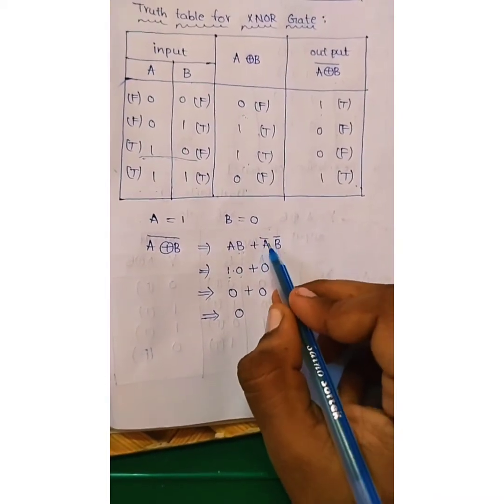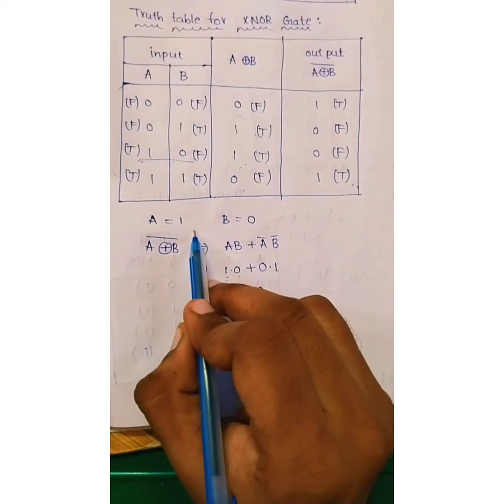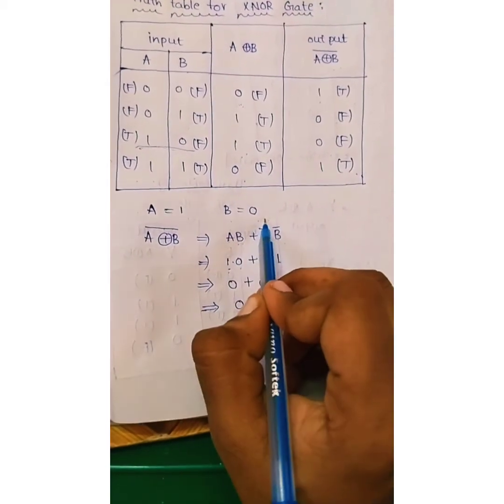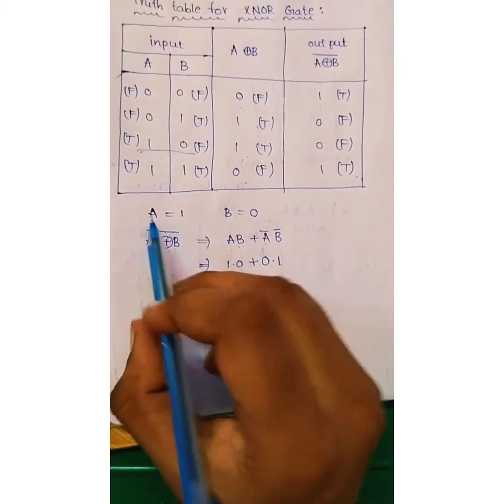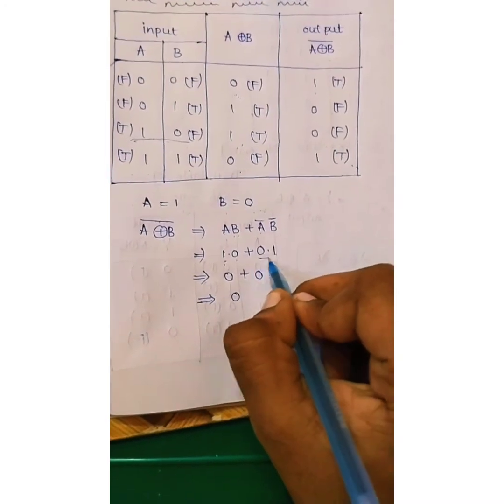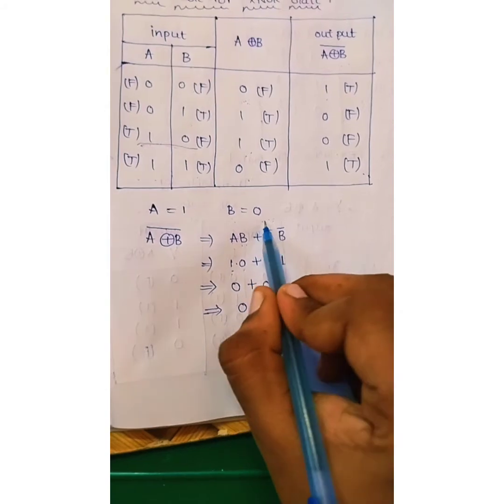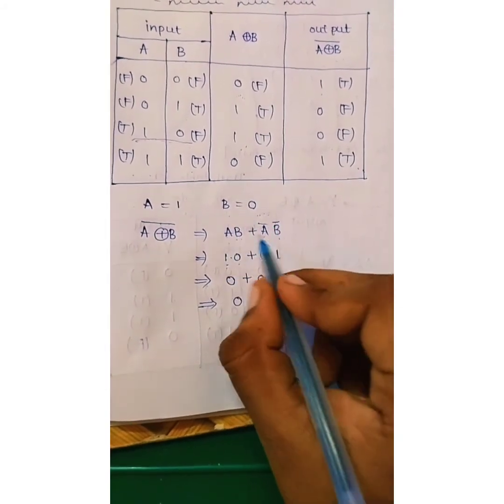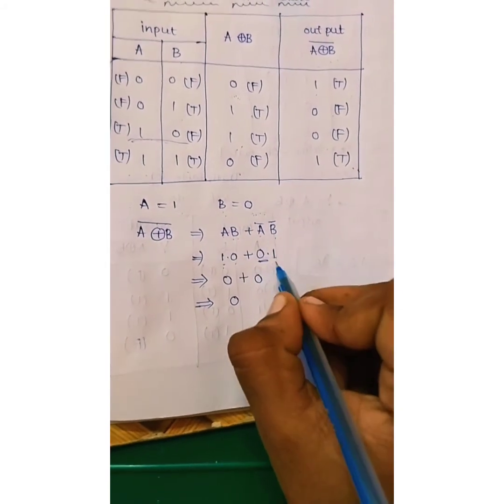A bar means, since A equal to 1, A bar is 0. B equal to 0, so B bar is 1.